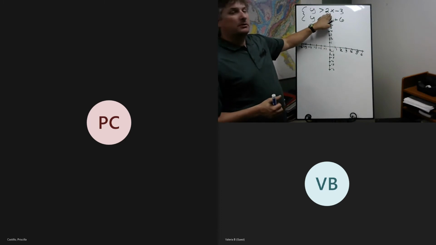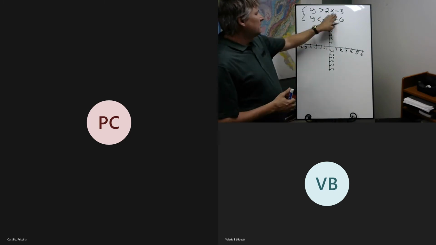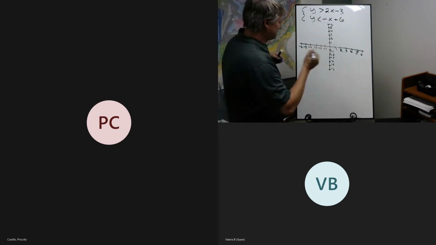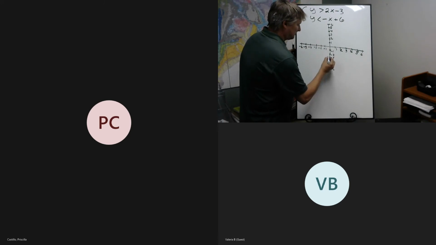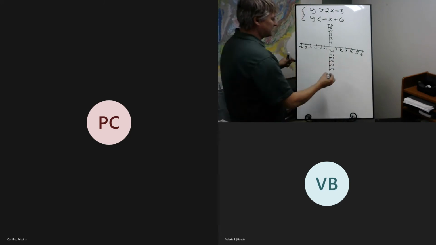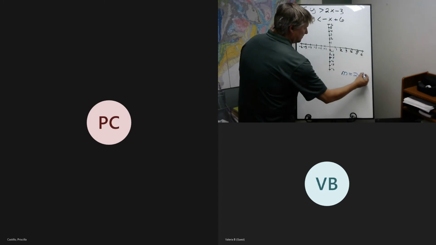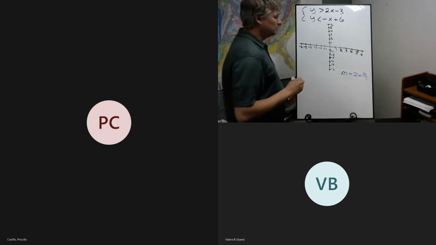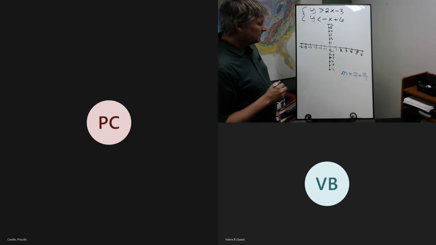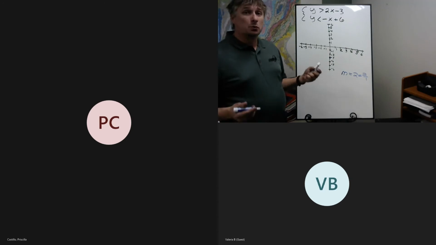So taking a look at this one, our b is going to be -3. So we'll start there. Our slope is 2, or 2/1. So that means we rise 2 and we run 1.